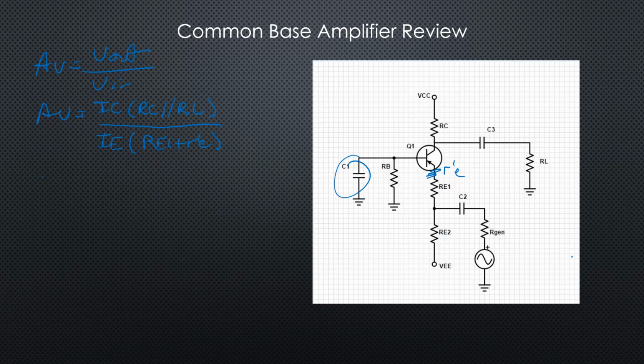And we've got AV is equal to beta over beta plus 1 times RC in parallel with RL divided by RE1 plus R prime E. And that will be our voltage gain.